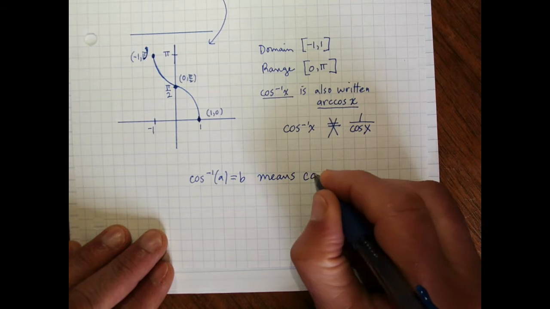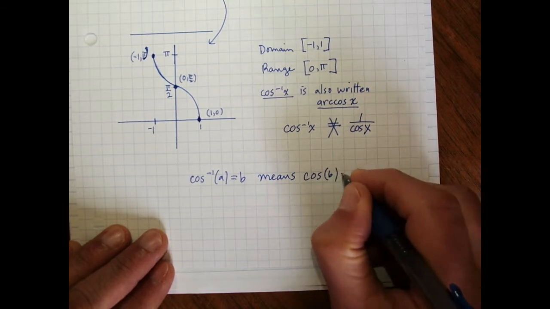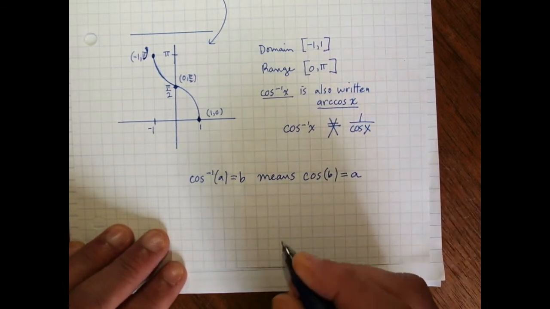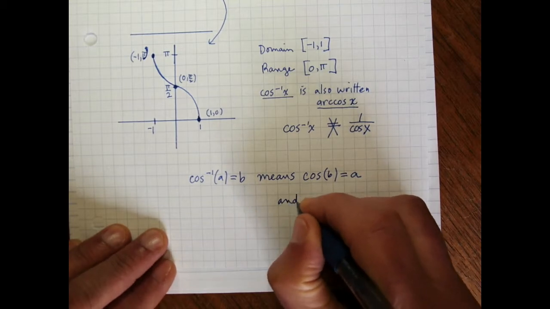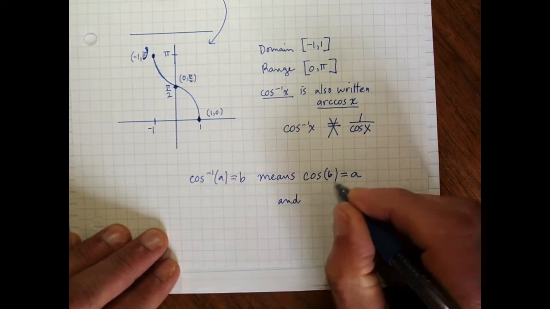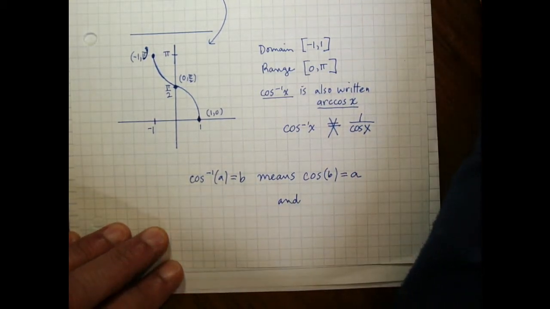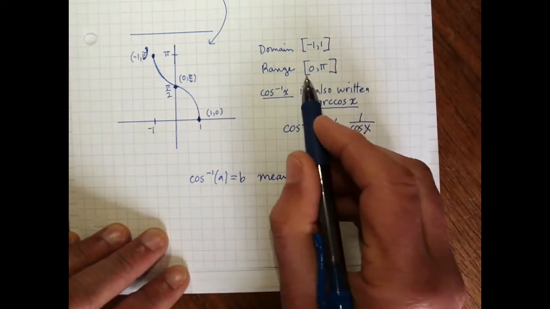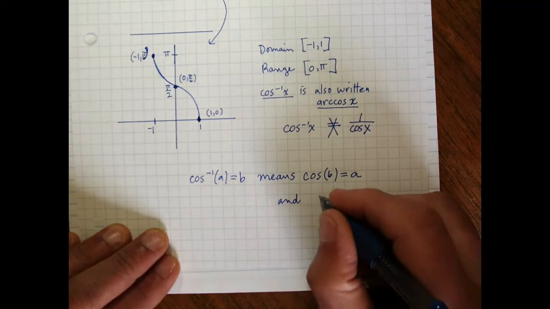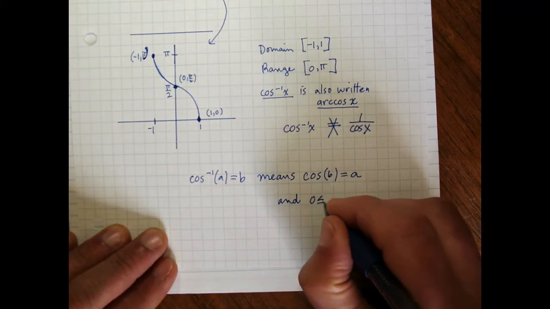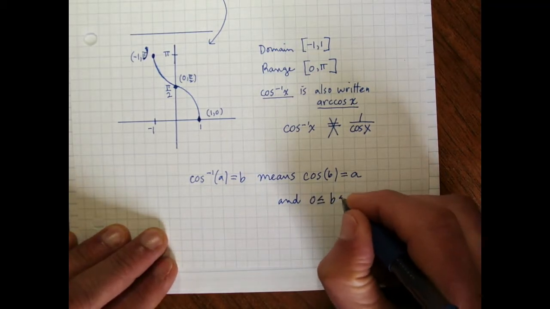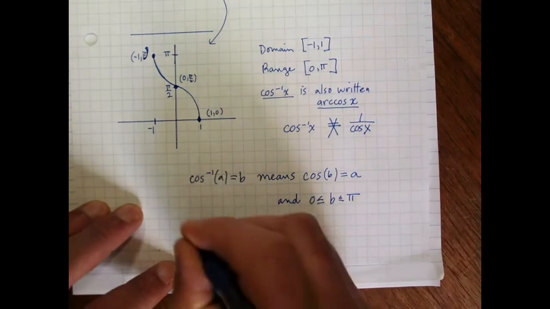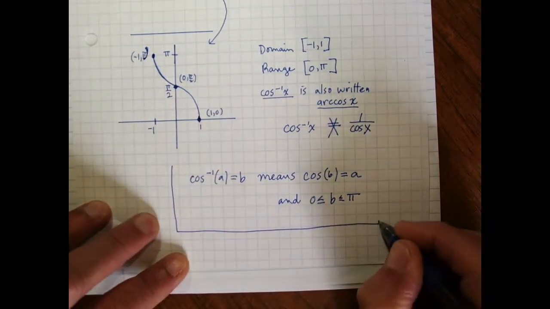So it means cosine of B is equal to A. And we have to keep in mind our domain restriction. The domain restriction we made to cosine ended up being the range of our inverse function: 0 is less than or equal to B is less than or equal to pi when we're working with the inverse cosine.